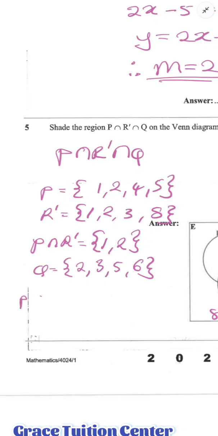Q. So P intersection R complement intersection Q is just what is found in P intersection R complement and Q. So you can clearly observe that there's a 2 here, there's also a 2 there. That is the only element that is what? Common. So we're going to write 2 as our P intersection R complement intersection Q.